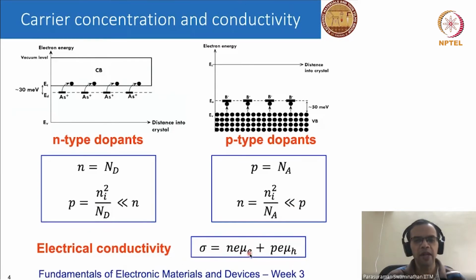Sigma equals n e mu_e plus p e mu_h is the general conductivity equation. In the case of n-type dopants, only the first term dominates because n is equal to Nd and p is much smaller. In the case of p-type dopants, the second term dominates because p is equal to Na and n is much smaller than p.